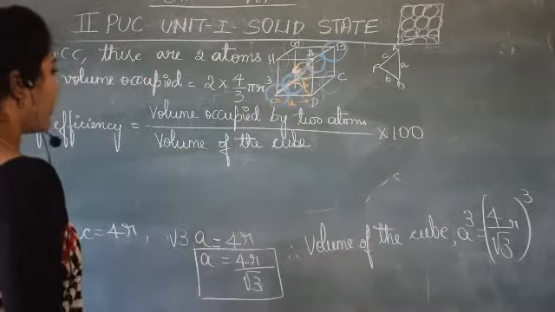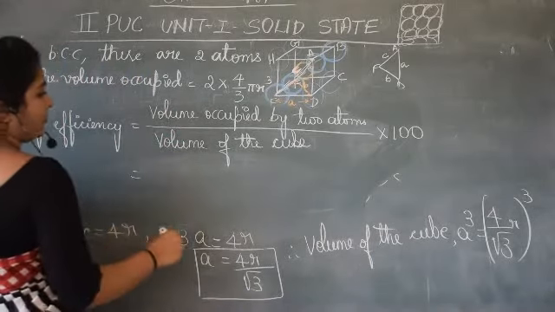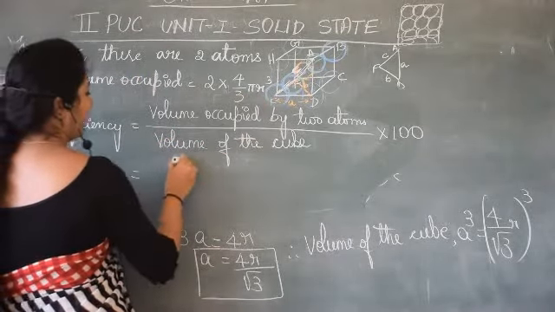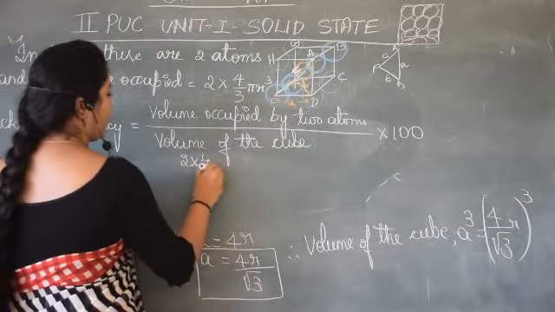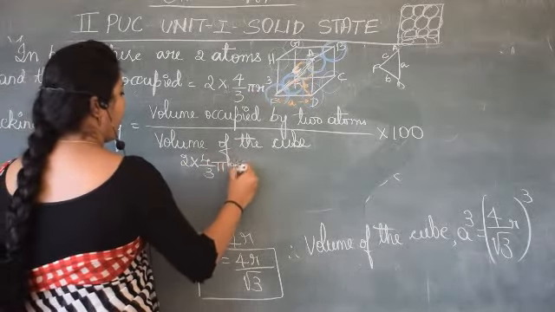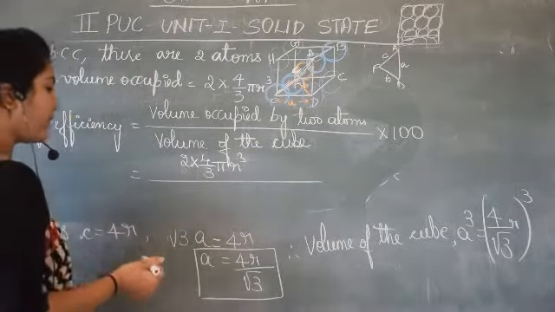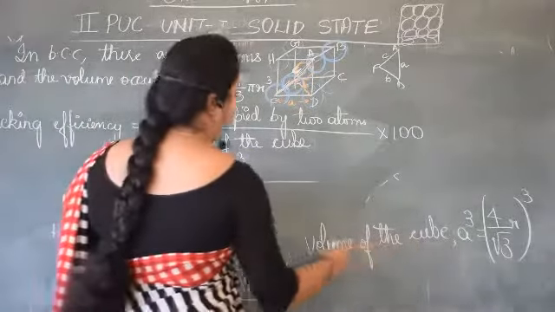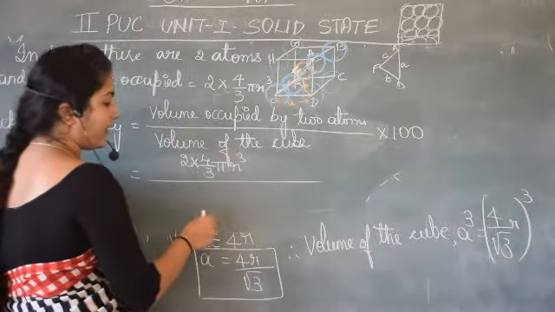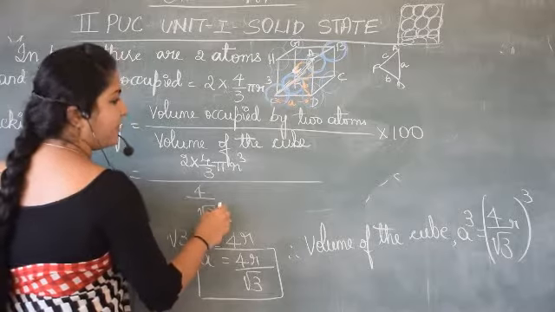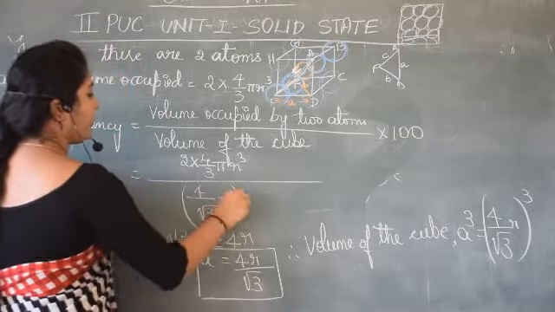So volume occupied by 2 atoms, it is 2 into 4 by 3 pi r cube, or you can write 8 by 3 pi r cube also, whole divided by A cube. Volume of the cube, it is 4 by root 3 r whole cube.